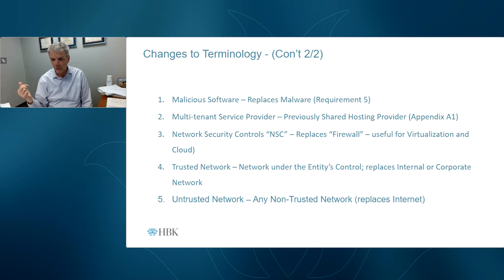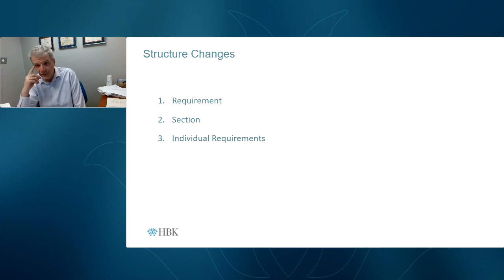Network security controls replace just firewall, because as we move out to cloud computing and virtualization, firewall is a broader thing, so they're just calling it network security control. Trusted network is your internal, and untrusted is a cool name for the internet. So just a lot of terminology changes there. And version 4 also changed some of the structure requirements.